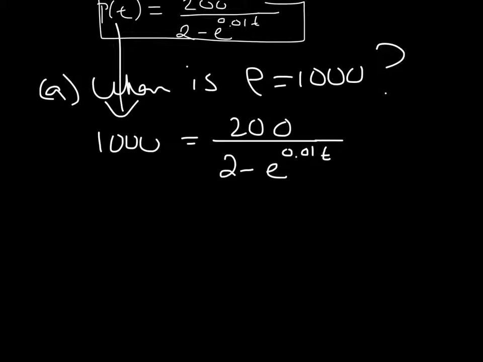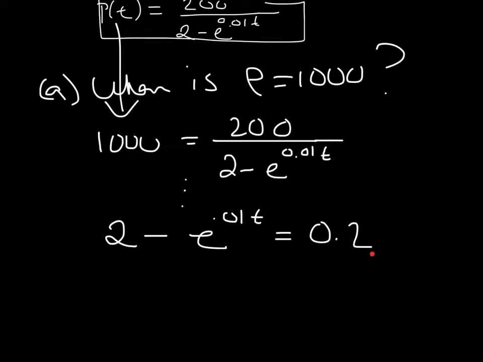So 2 minus e to the 0.01t equals 0.02. I'm just skipping a couple steps. I don't want to bore you with the easy part, but hopefully you can go from here to here.